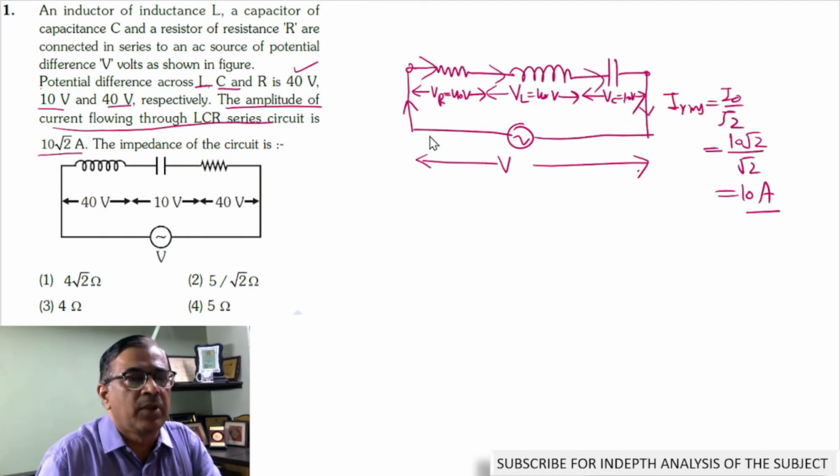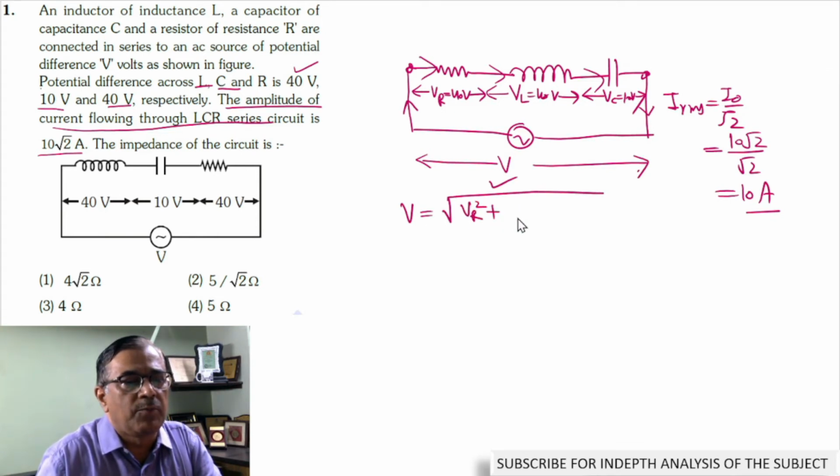Now next, the net voltage across the series combination V should be given by the square root of VR square plus (VL minus VC) whole square, and I would like to remind you this should be the RMS value of the voltage.